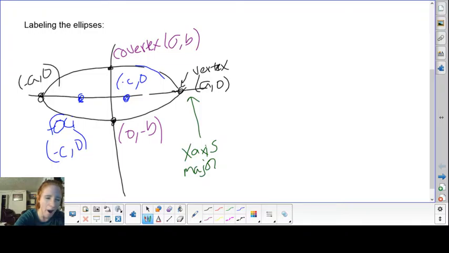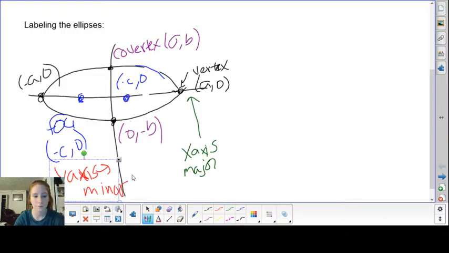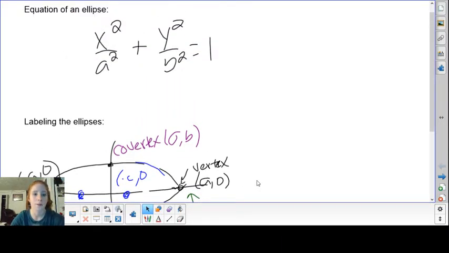And in this case, the y-axis is the minor axis. That's when x squared matches up with my a squared, where a is my vertex.